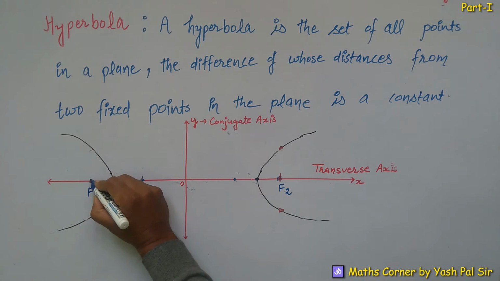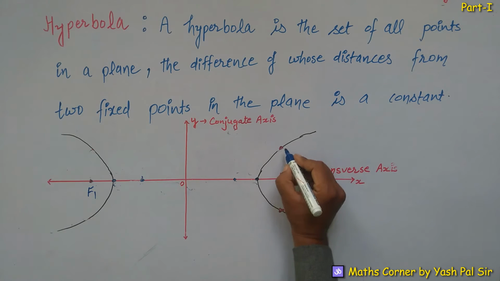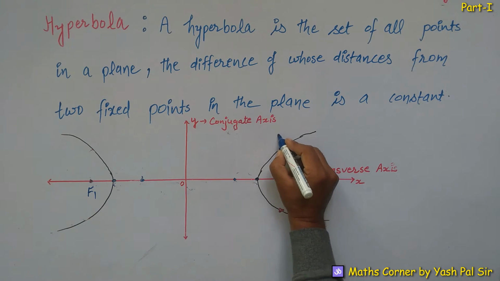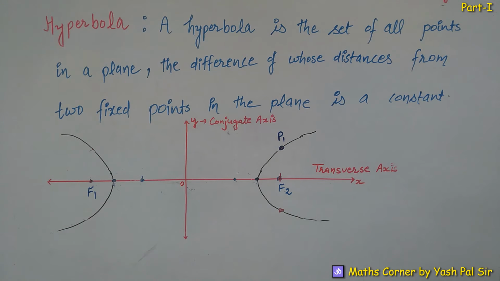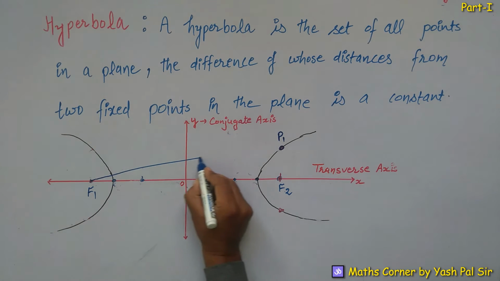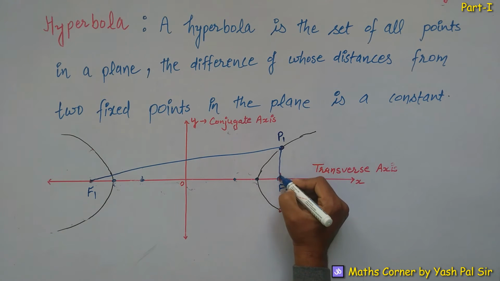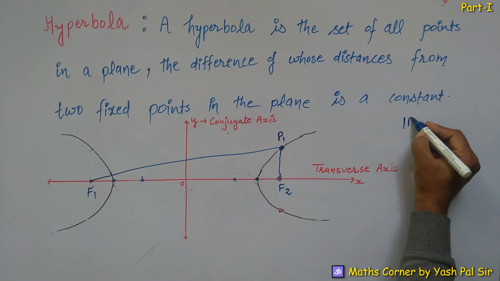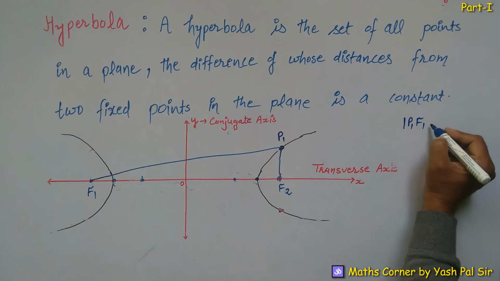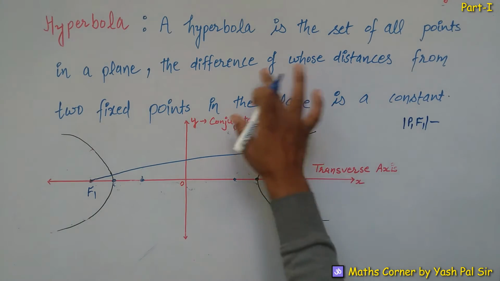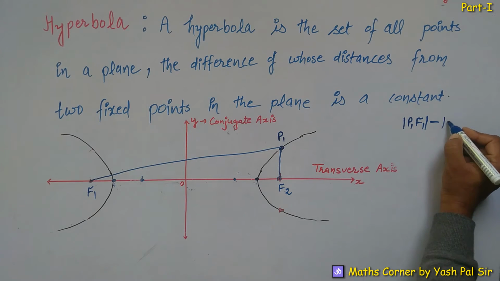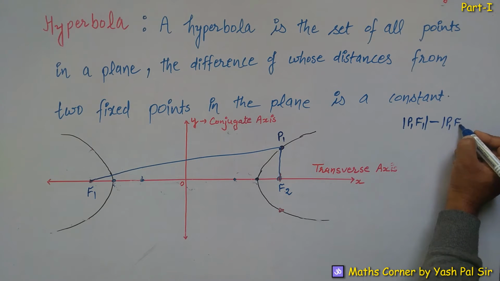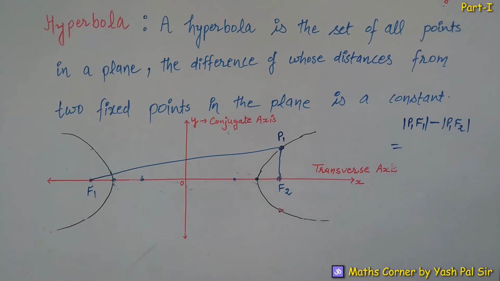Suppose this is the moving point P1. The difference of distances is P1F1 minus P1F2.